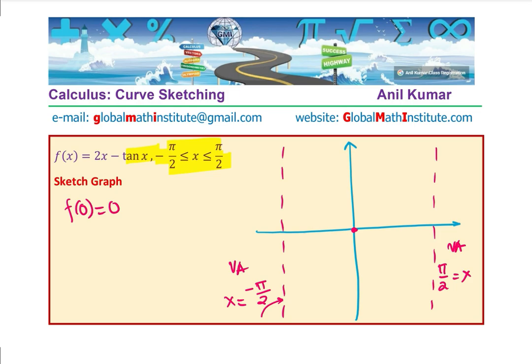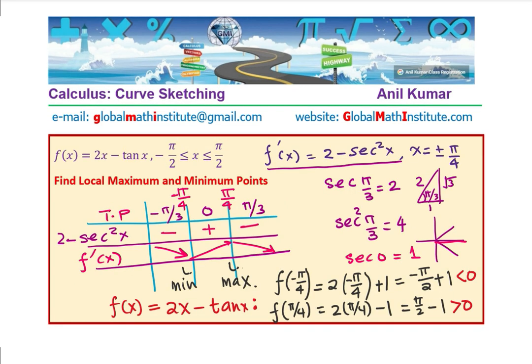And we figured out that at pi by 4 we have a maximum. So f of minus pi by 4 and f of plus pi by 4, we have local minimum and maximum values, which we found.